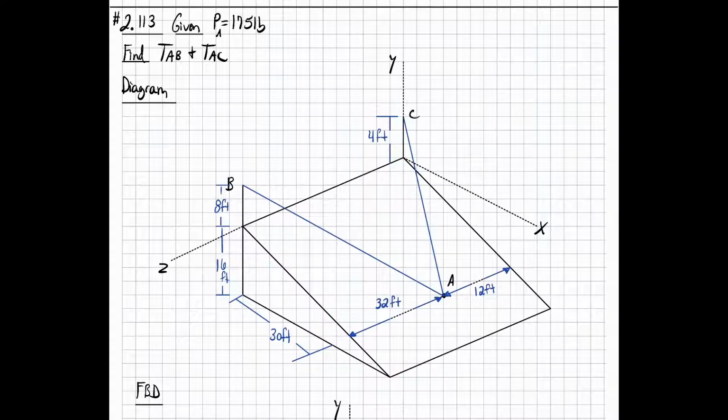The problem states that in trying to move across a slippery, icy surface, a 175-pound man uses two ropes, AB and AC. Knowing that the force exerted on the man by the icy surface is perpendicular to that surface, determine the tension in each rope. So what that just said is that the force from the icy surface is perpendicular to the surface.